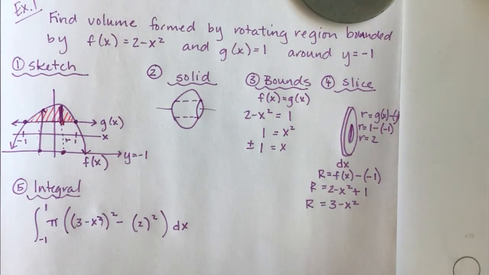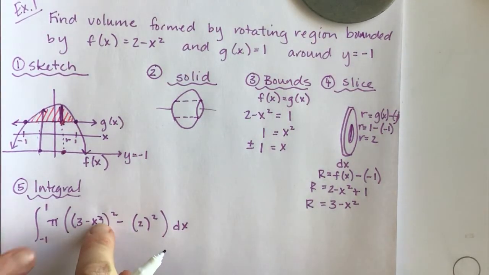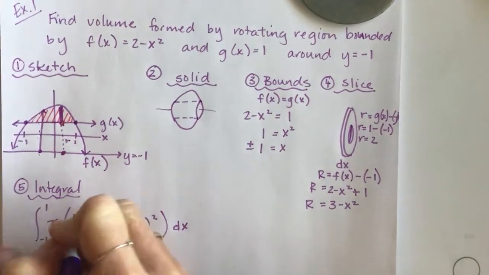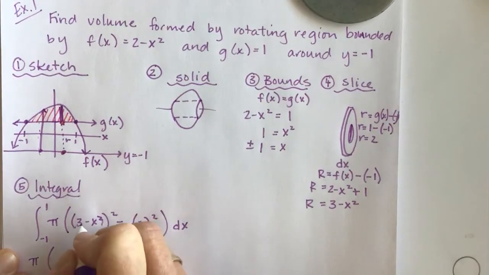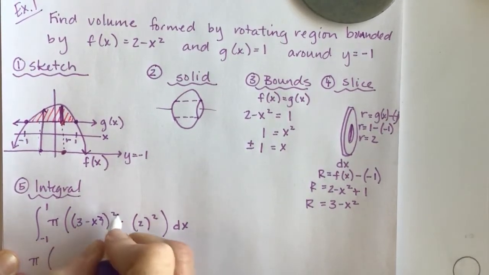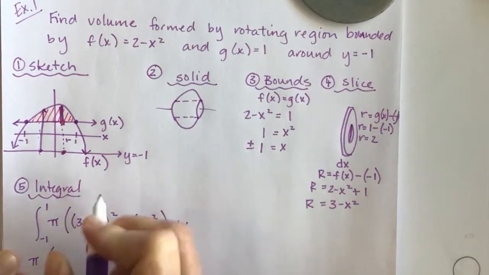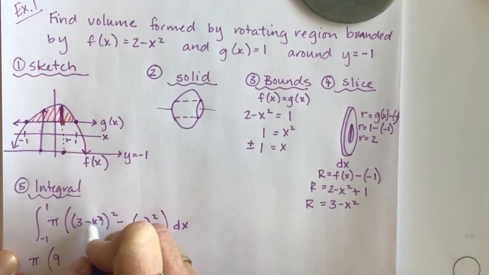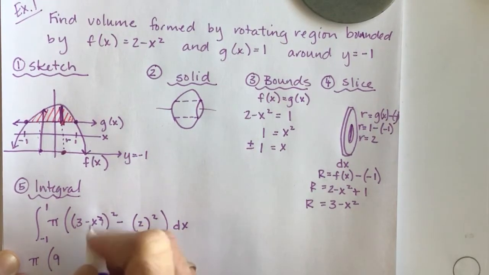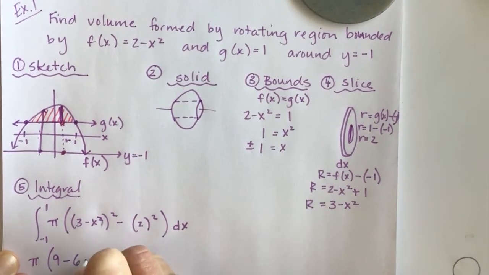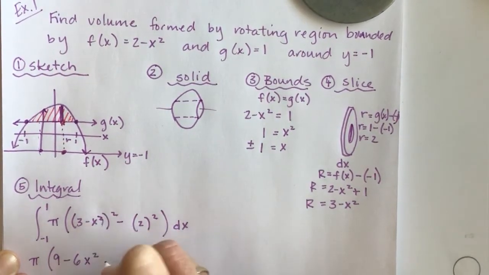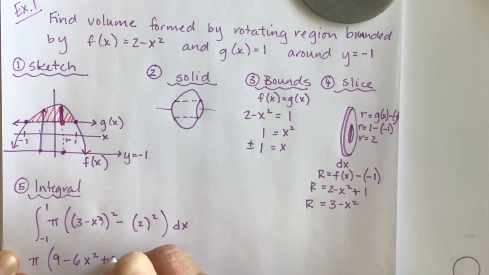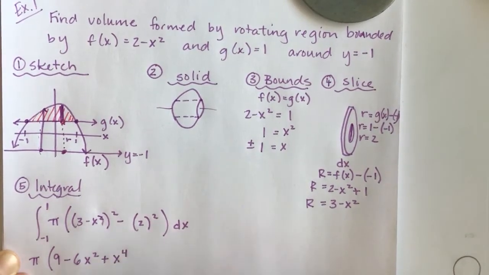Okay, and the way to do these, just FOIL out this 3 minus x squared squared. So, and I'm going to pull out the pi times. So this would be 3 squared is 9. And then our middle term is x squared times 3, and we're going to have 2 of those. So minus 6x squared, and then negative x squared times the negative x squared would be a positive x to the 4th.